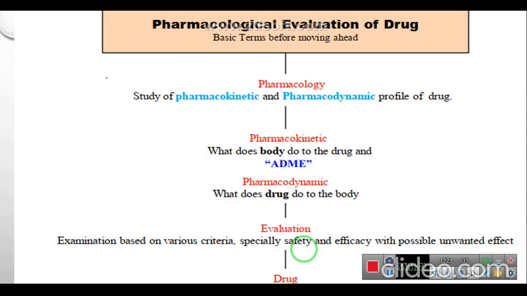So pharmacodynamics is that. Evaluation: what is evaluation? It is the examination based on various criteria, especially safety and efficacy. So safety and efficacy are very important for any drug. Obviously, every drug has some unwanted effects besides its indications, besides its uses.